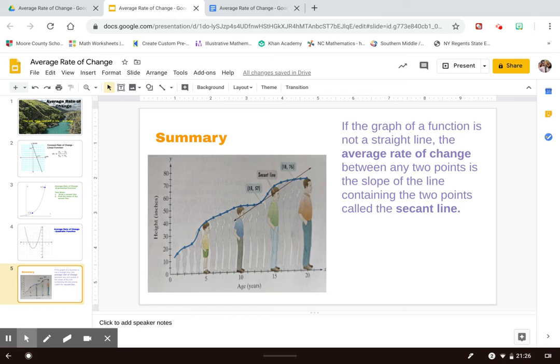If we look at this last example, I have the growth pattern of a young boy up through manhood. Age is on my x-axis and height is on my y-axis, so I'm looking at a relationship of age to height.